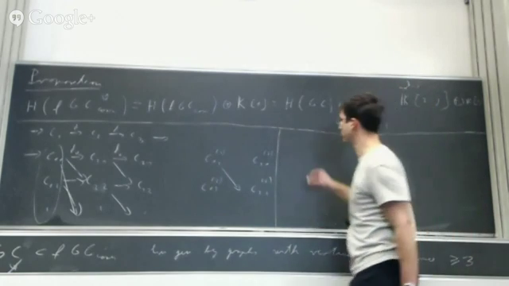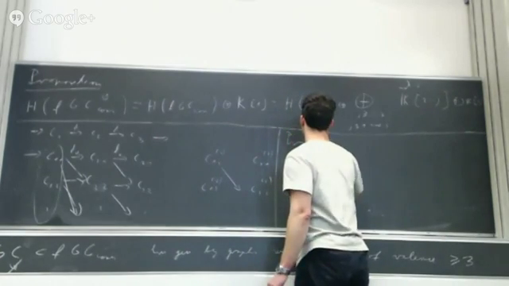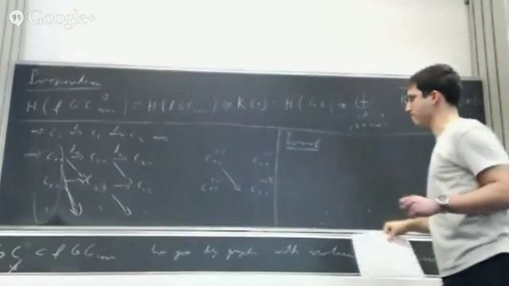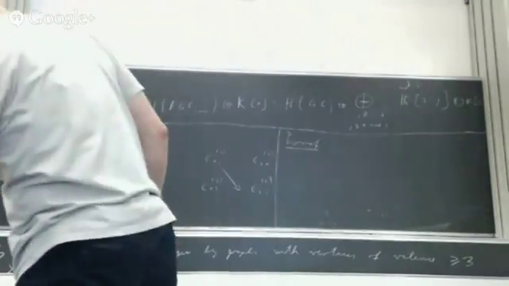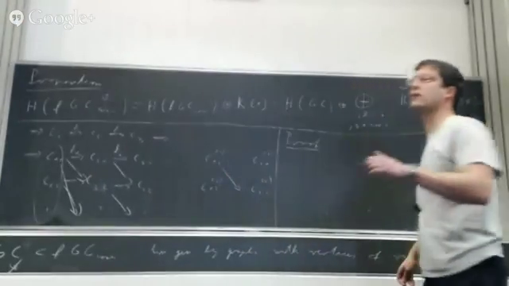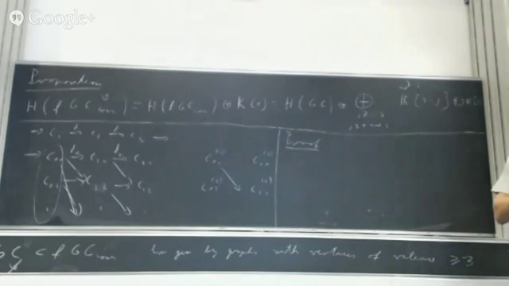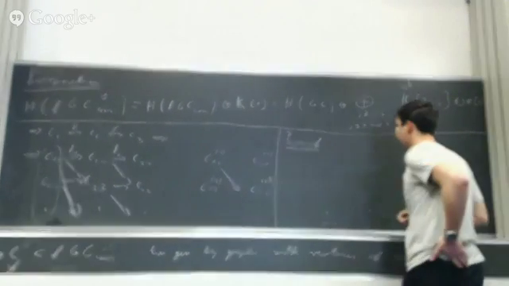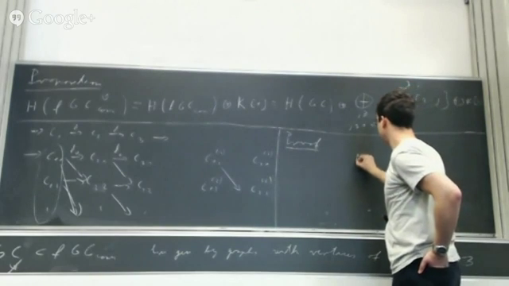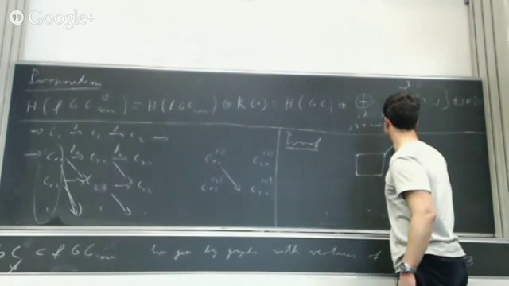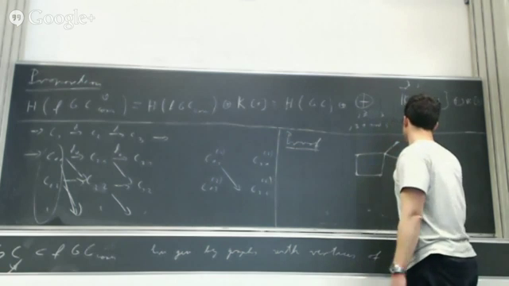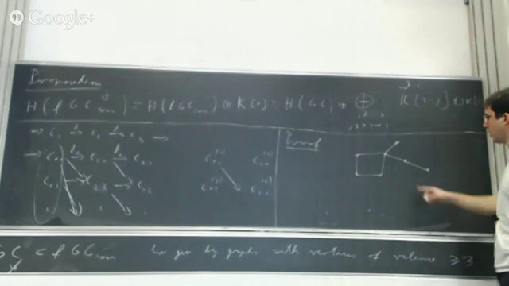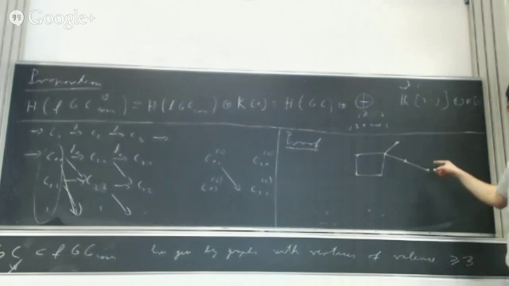I go to the proof of the proposition. Okay, first get rid of one-valent things. If I have a graph and something one-valent, maybe something else one-valent, I call these antennas.